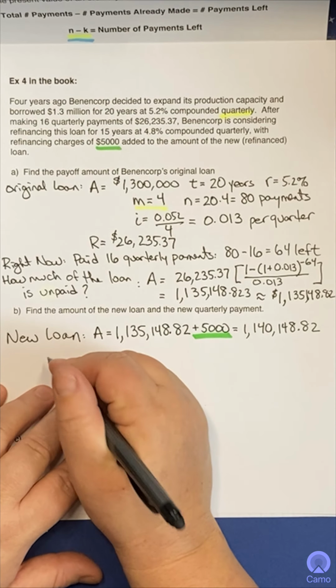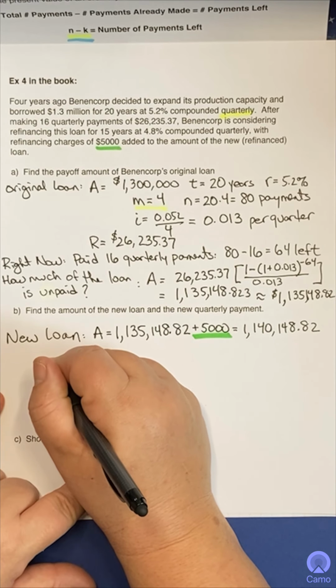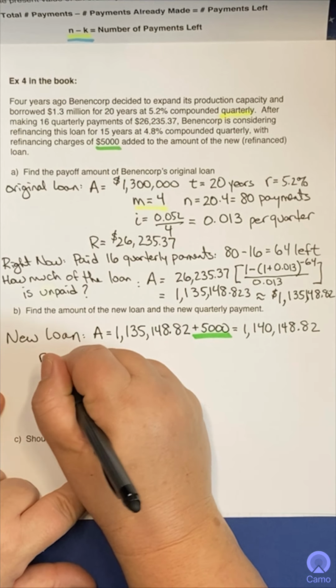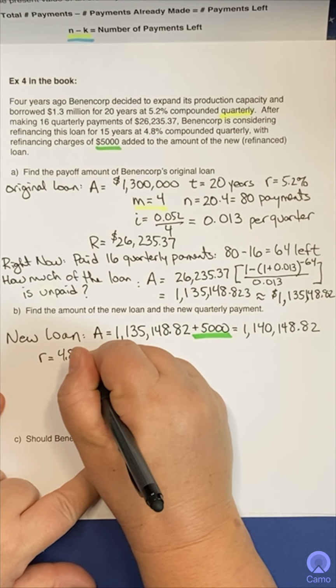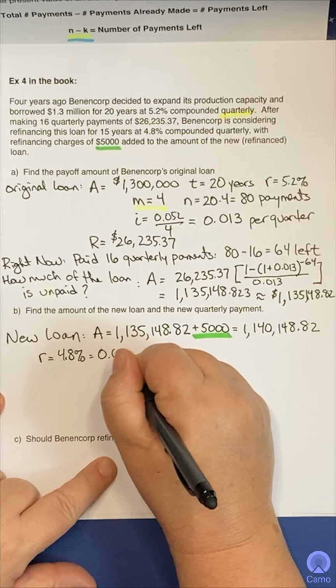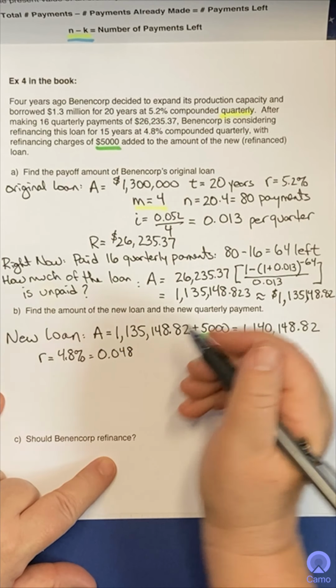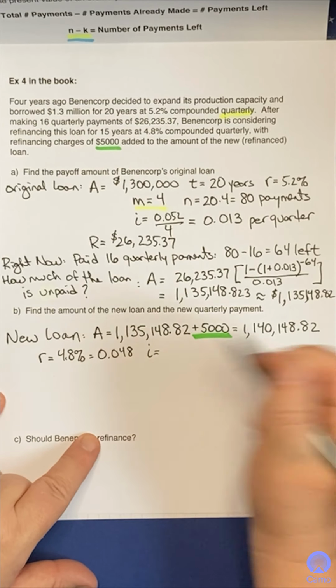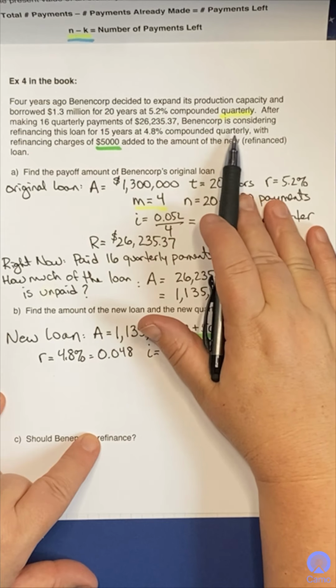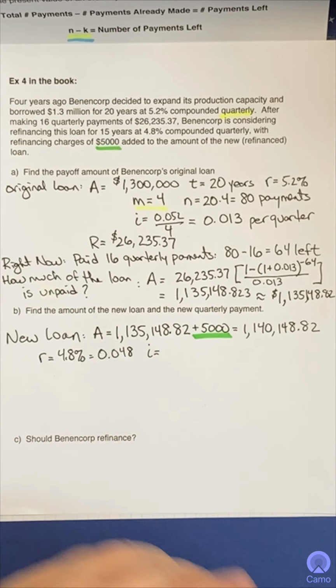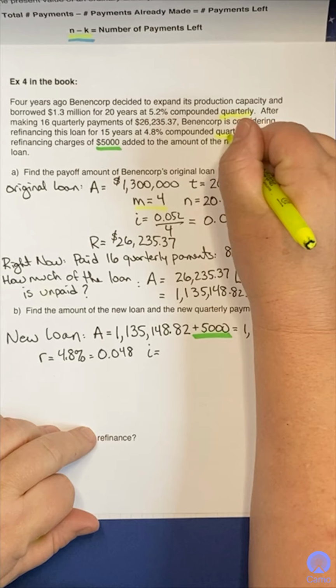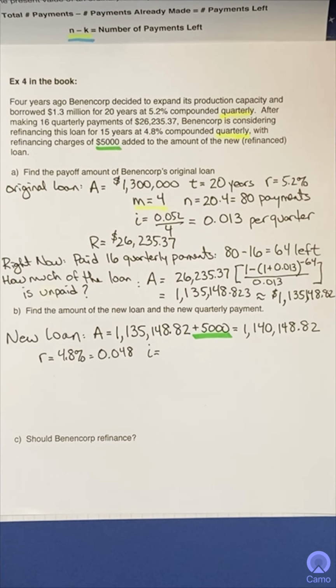Let's see. Our new interest rate will be 4.8%, which is 0.048. Our I, again, is also going to be compounded quarterly, so I can underline that with yellow too. Both loans are going to be quarterly.